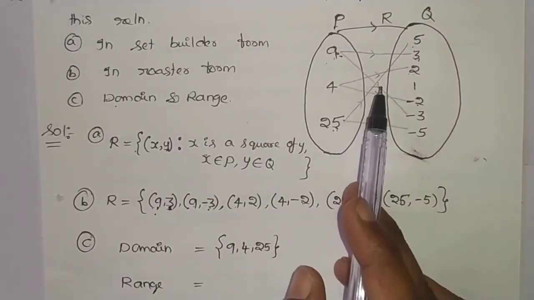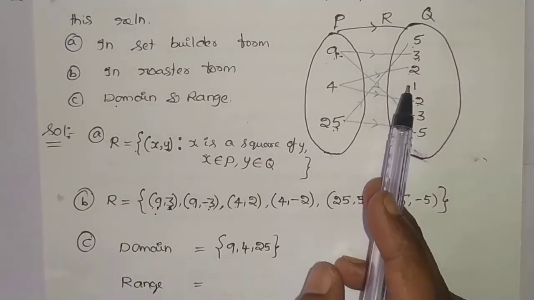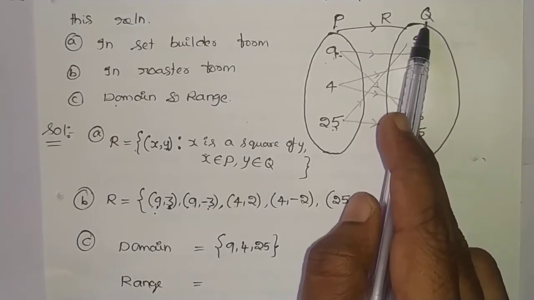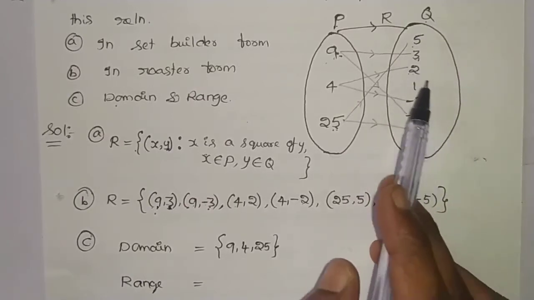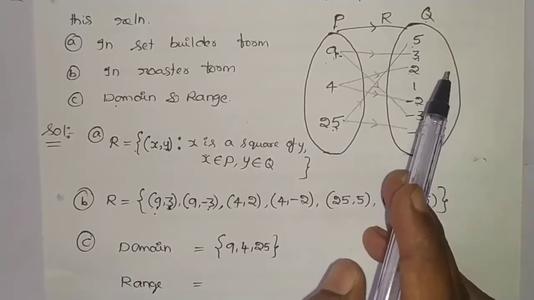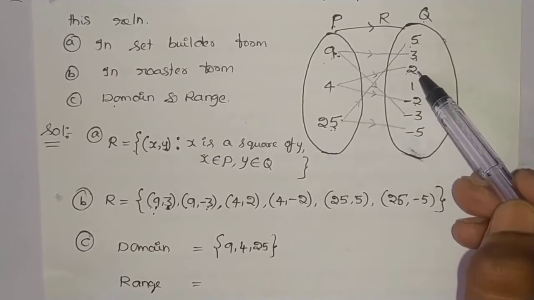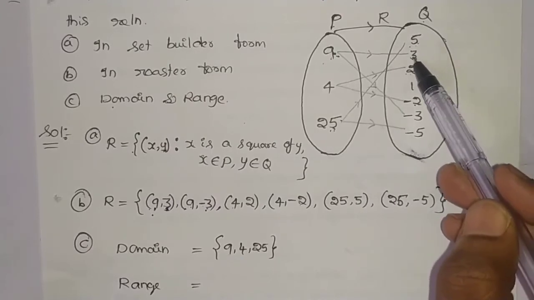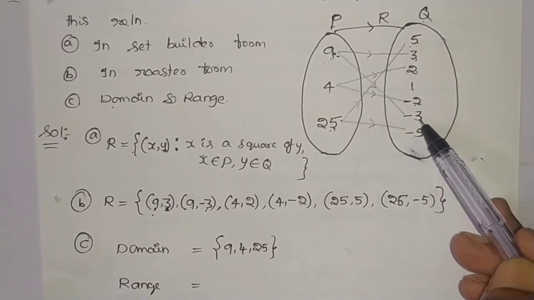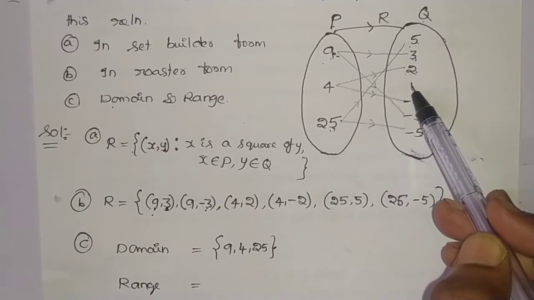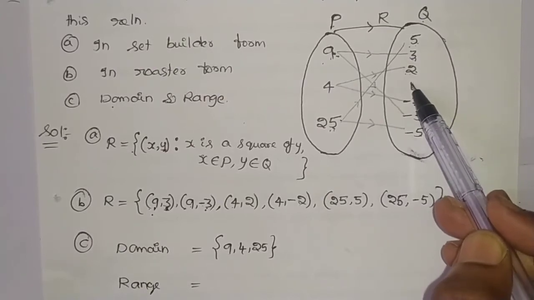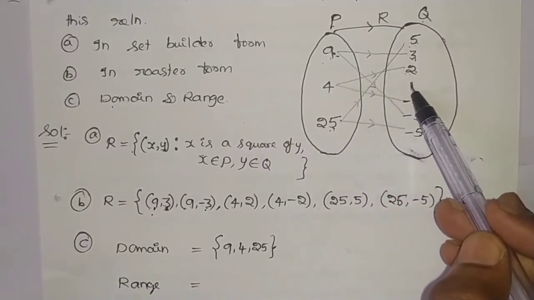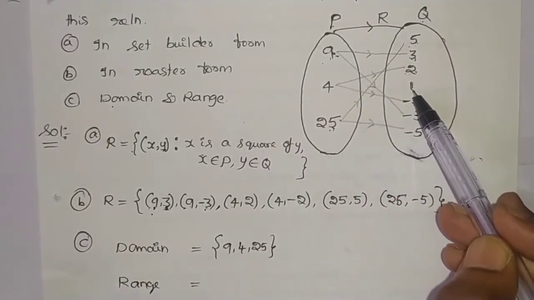Or you can identify by seeing the arrow diagram itself. Here we have the range. The set of all the images in the set Q is called the range. Range is 5, 3, 2, minus 2, minus 3, minus 5. 1 we should not take because 1 is not related with the other elements. 1 is empty.